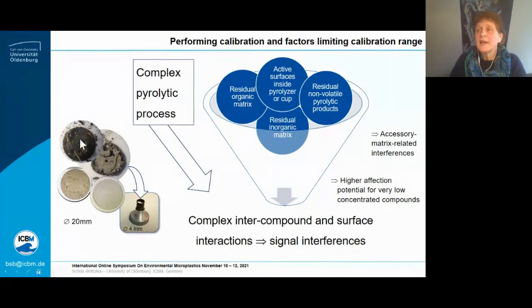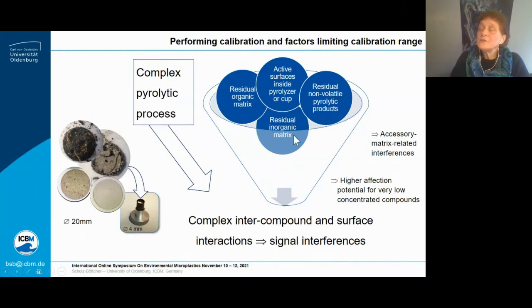Here you see some very bad samples of sediments and some nicer samples which we are analyzing. We are coming to the cleanup process later. This cleanup process ends up on a 20 millimeter glass fiber filter, which can then be folded and put directly into the pyrolysis cup. This filter, as you can easily see, still has residual organic matrix.